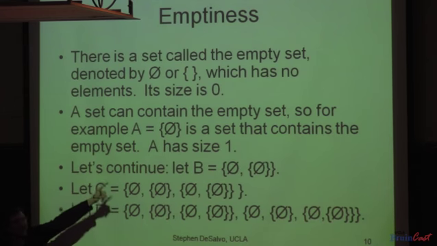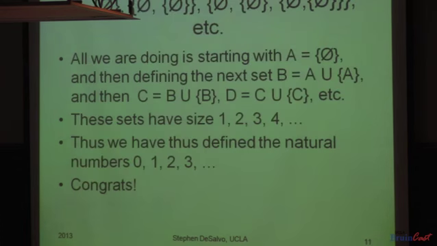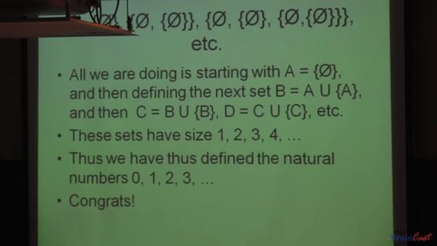What is the size of A? 1. What is the size of B? 2. What is the size of C? 3, 4, et cetera. So we've kind of defined the natural numbers. That's a cute little way to define what the natural numbers actually mean. You don't have to know about it for this class, but it's a cute little thing to connect it with the material. Congrats.